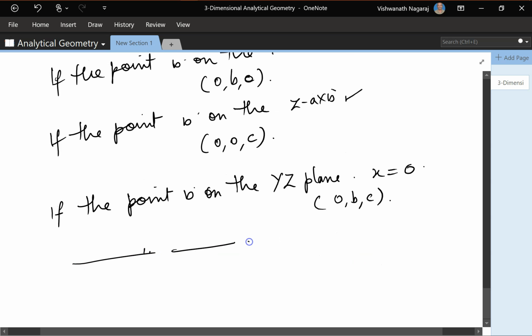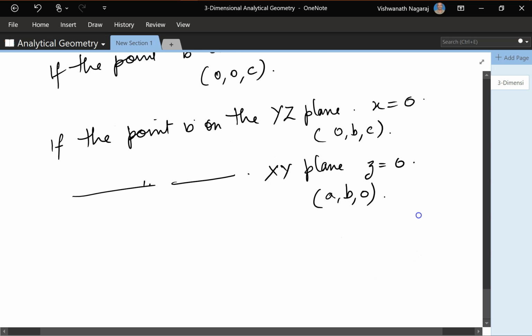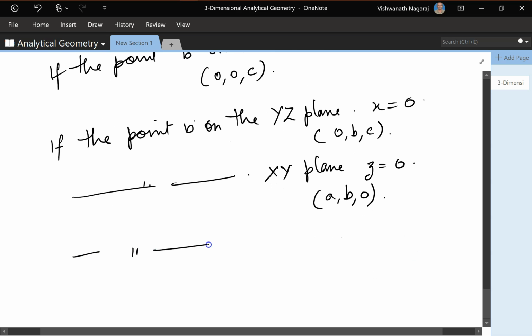If the point is on the XY plane, that means z is equal to 0. So which means the coordinates would be a, b, 0. Similarly, if the point is on the XZ plane, that means y equal to 0, which means the coordinates would be a, 0, c.